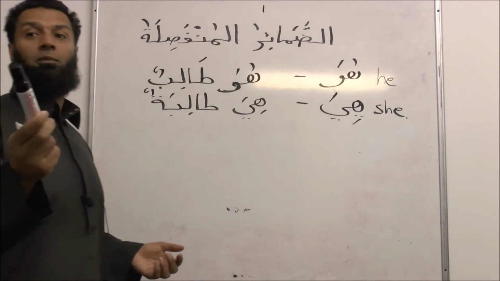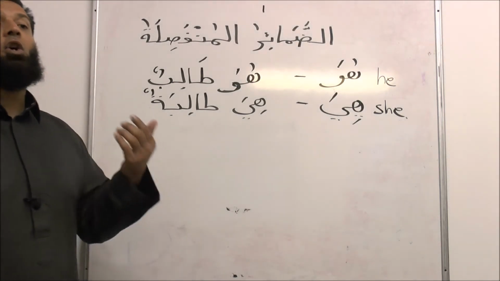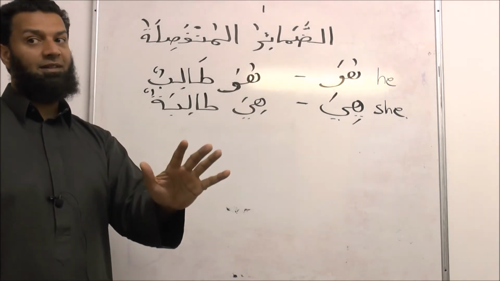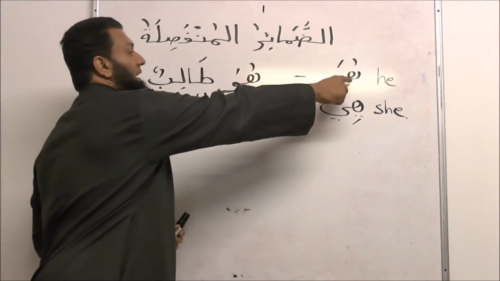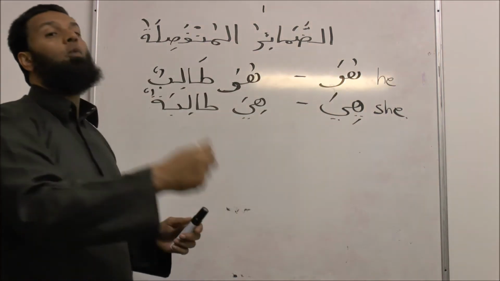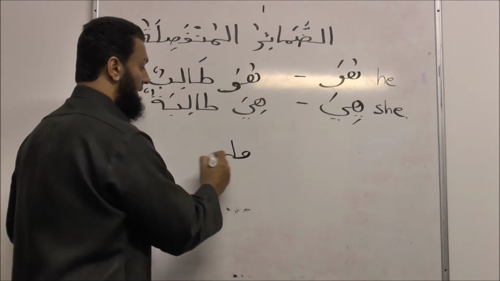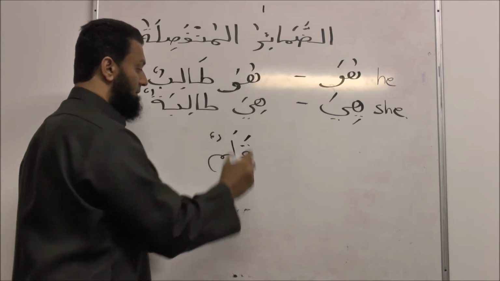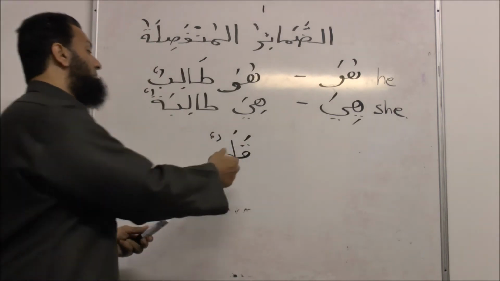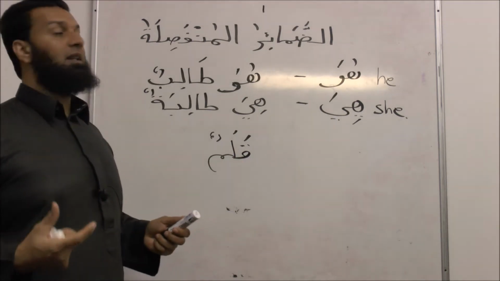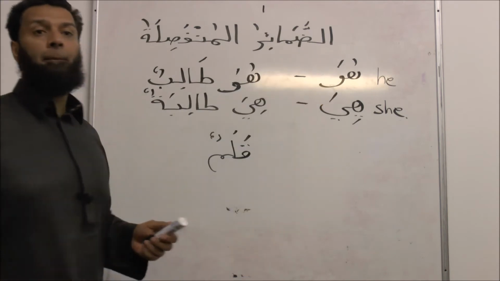Huwa qalamun, good Muhammad. We're going to use huwa, because qalamun, Rajan, is this a male or a female word? Male. It's a male word, therefore we have to use huwa.